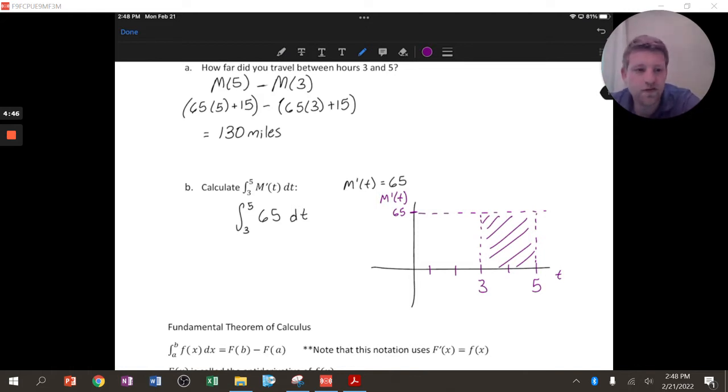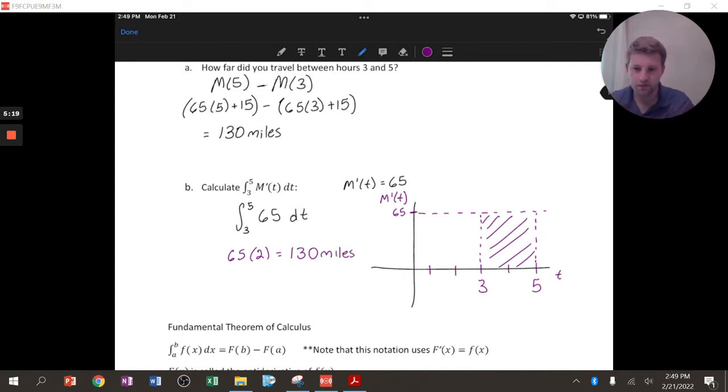So notice this is very similar to how we considered the beginning of lesson 3.1 when we considered the area underneath some velocity curve. We could see that this creates a rectangle, obviously not to scale, but we have a height of 65 and a width of 2 here, which would actually give us the same total of 130 miles traveled.